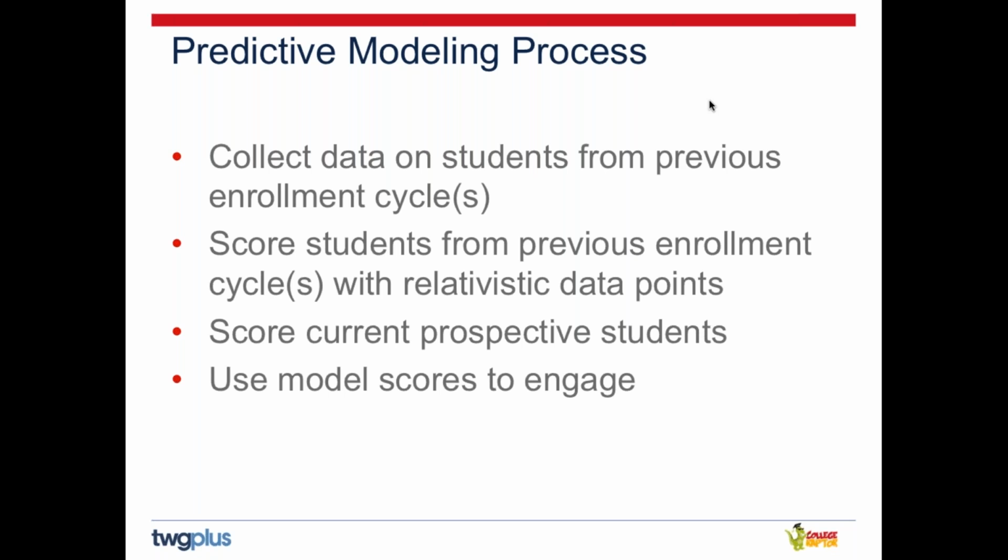And what you do is take whatever data points you have available for those students. So if you know a student's GPA, test score, state of residency, whether they visited campus, whether they applied, whether they were admitted, whether they deposited, right? Take all the data points that you can find that have some sort of quantifiable statistic to them.